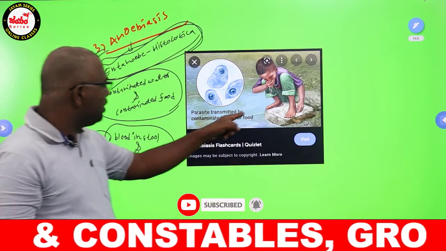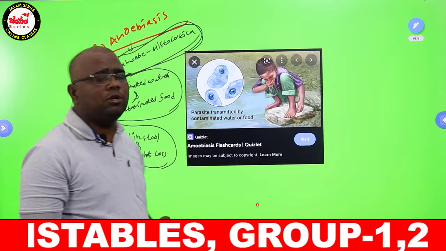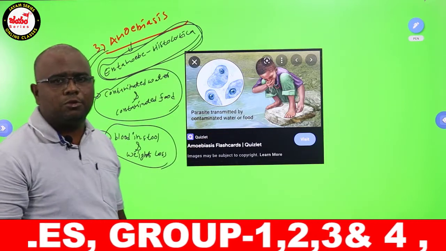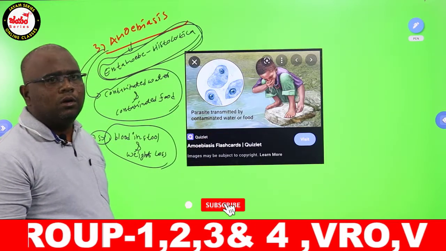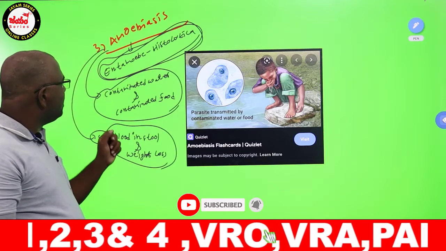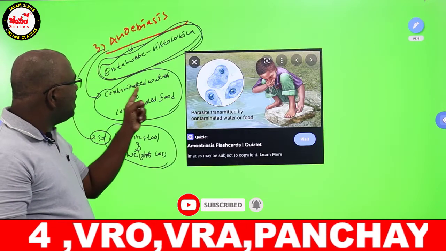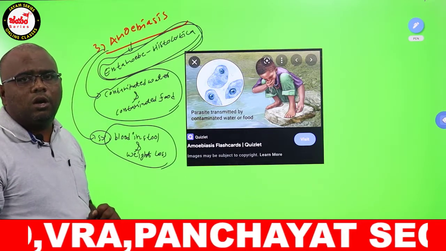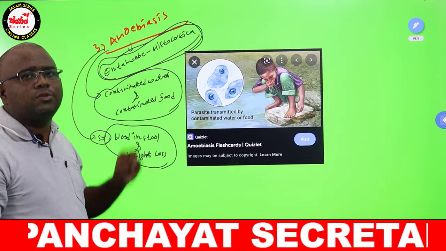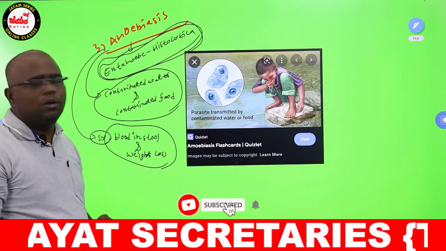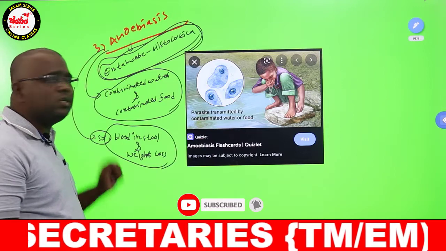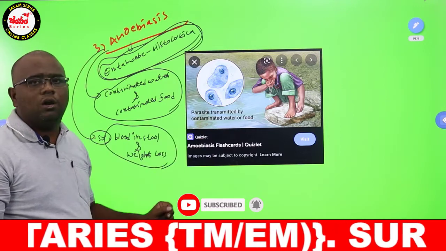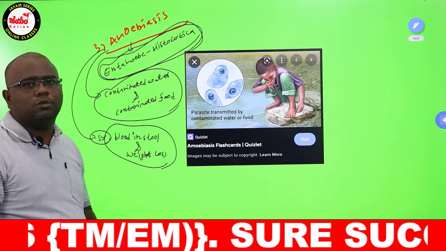Entamoeba histolytica protozoan. It is caused by drinking contaminated water and eating contaminated food. The symptoms of amoebiasis are blood in stool and weight loss.